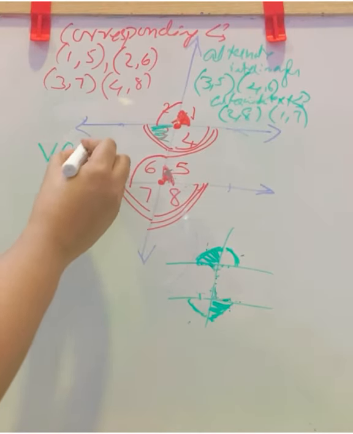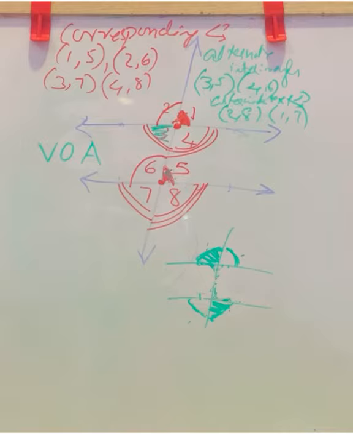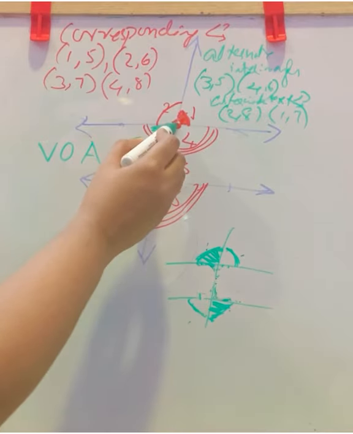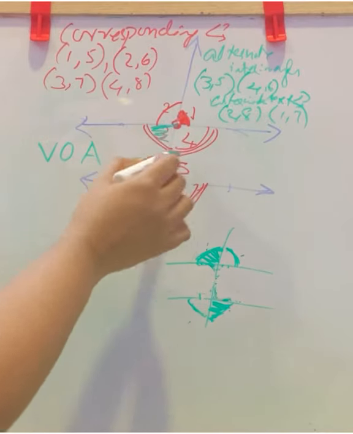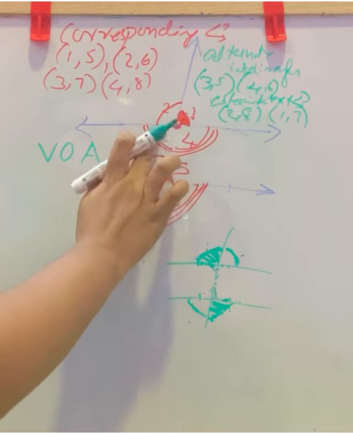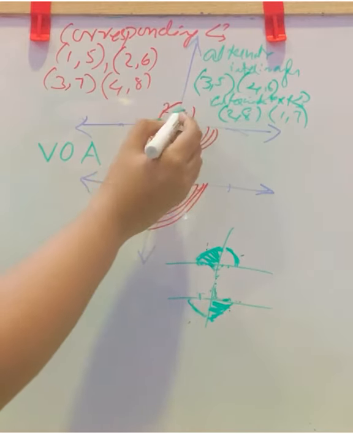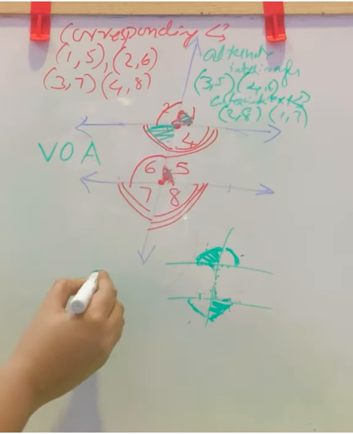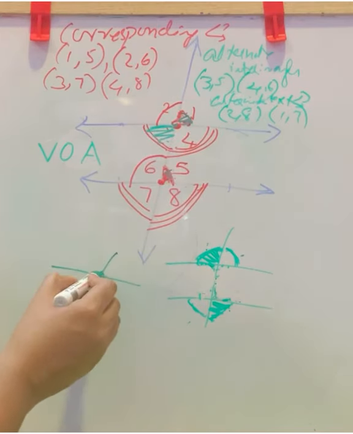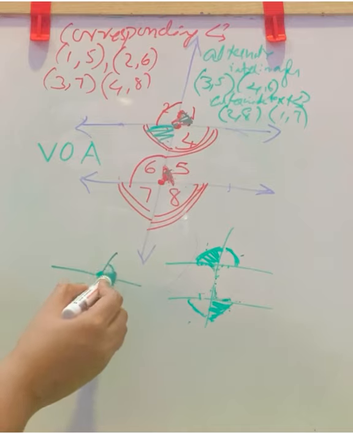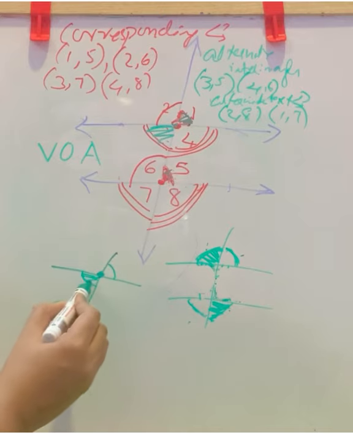Vertical opposite angles, that is VOA, vertical opposite angles. Around a point, considering this, you can say this angle and this angle. That is, here we have vertical opposite angles here and here. These two are vertical opposite angles.